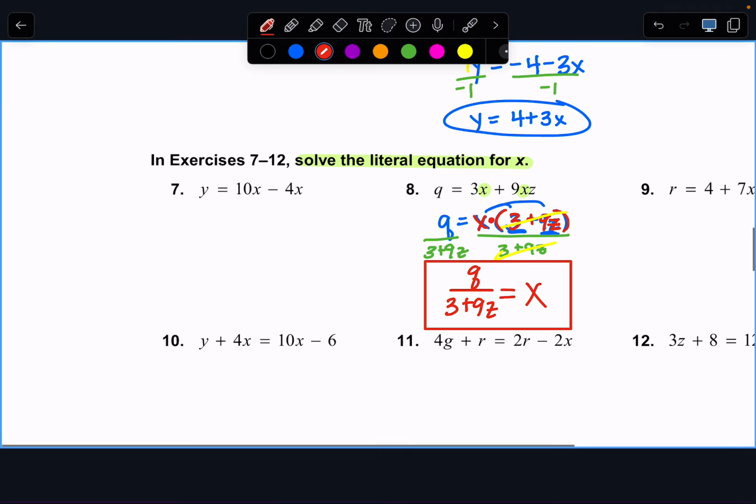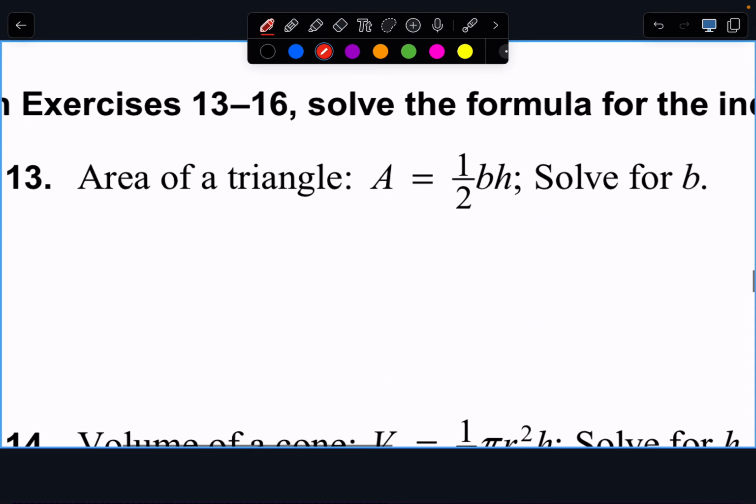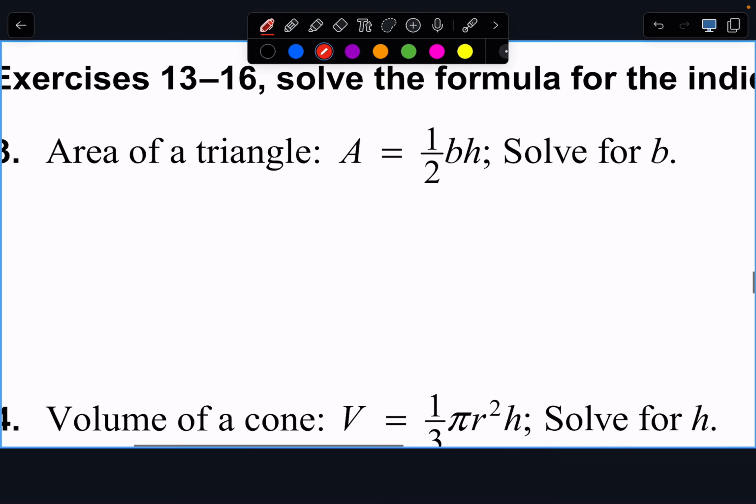Okay. Now, let's talk about when we have a formula. Here is a formula, the area of a triangle.